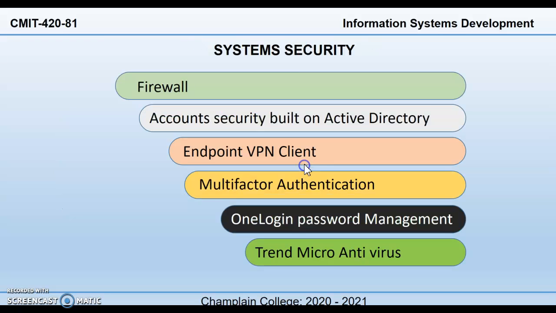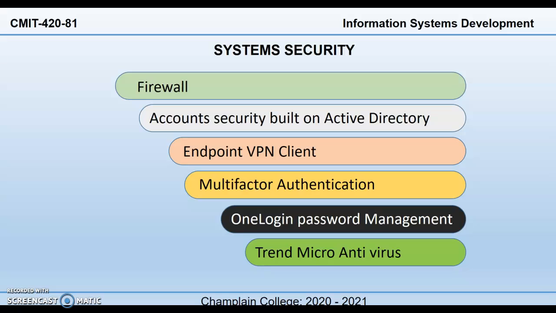The system security: we have a system security overall in the company, which is the firewall, the account security built on the Active Directory, and we have the endpoint VPN client, which we use on each of our laptops, which allows us to be connected into the intranet or access our company resources.